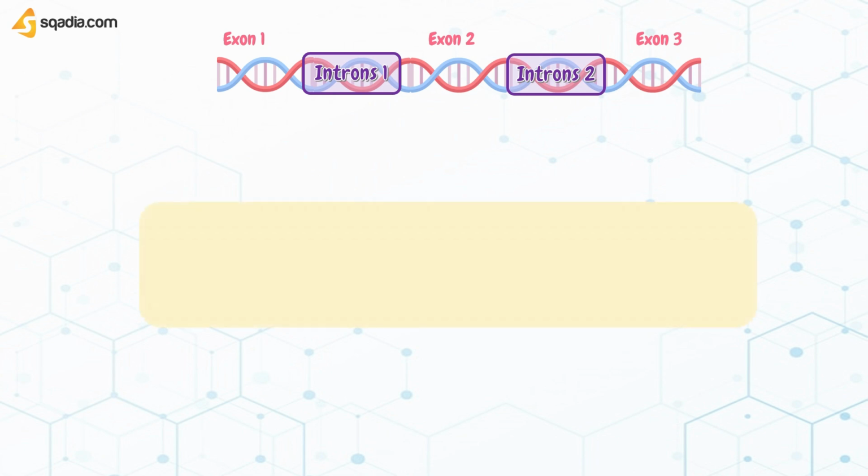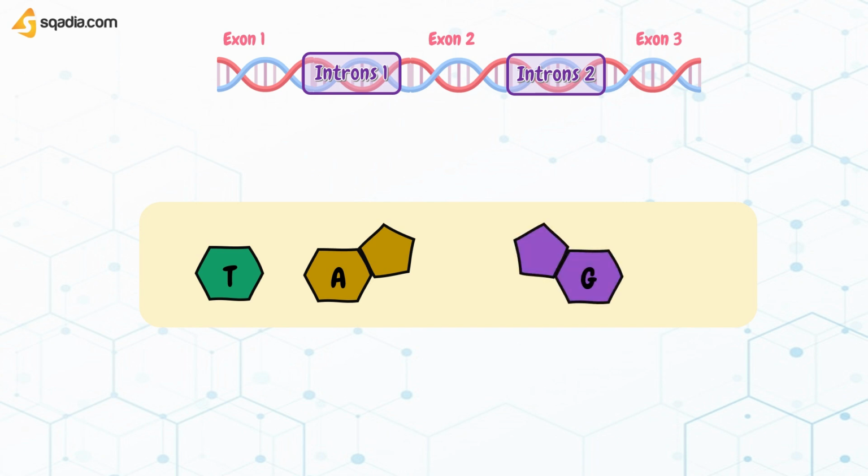The base adenine in one strand of the duplex is matched by a complementary base, thymine, in the other strand, and the base guanine in one strand of the duplex is matched by a complementary base, cytosine, in the other strand.